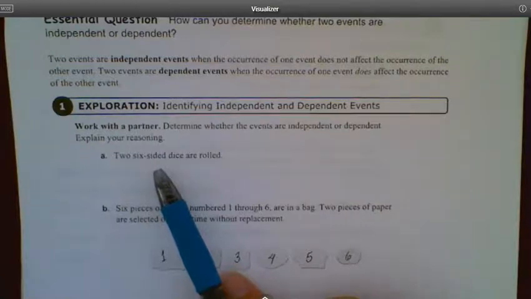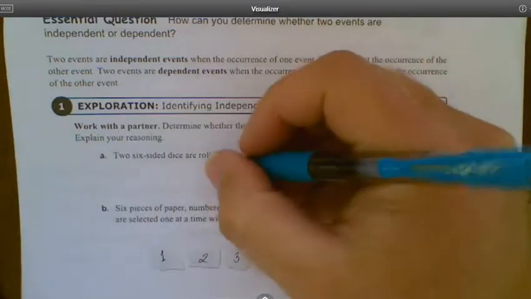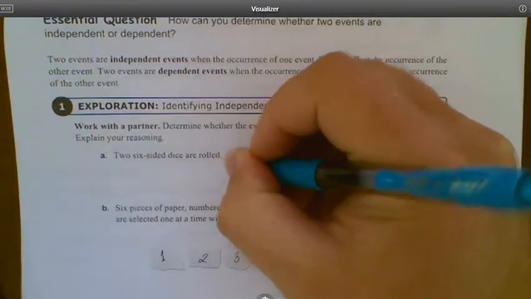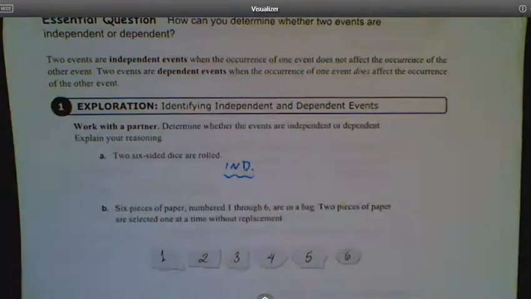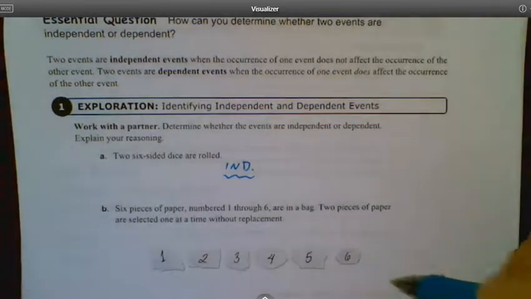Right? And of course they don't. Whatever happens on the first one has nothing to do with what's going to happen on the second die when I give it a toss. So that's what makes these guys independent of each other, because they do not affect each other. The outcomes have nothing to do with each other.